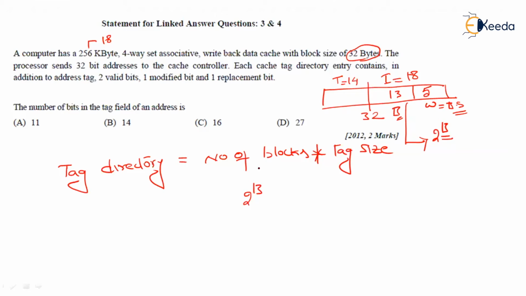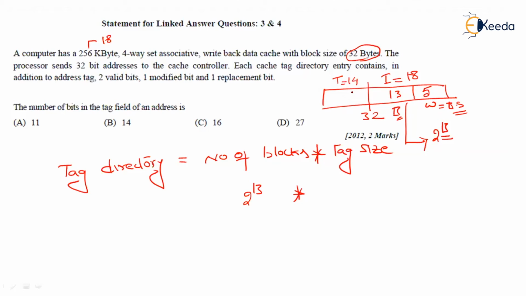This number of blocks will never change, whether in direct mapping, set associative mapping, 4-way or 8-way. Only the sets will get reduced, but not the number of blocks. So the number of blocks will still be 2 power 13, into what is the tag size? The tag in 4-way set associative mapping will be different.